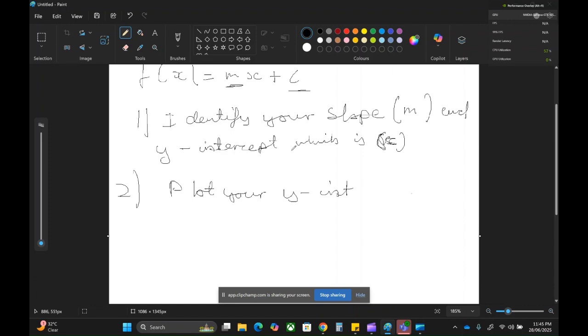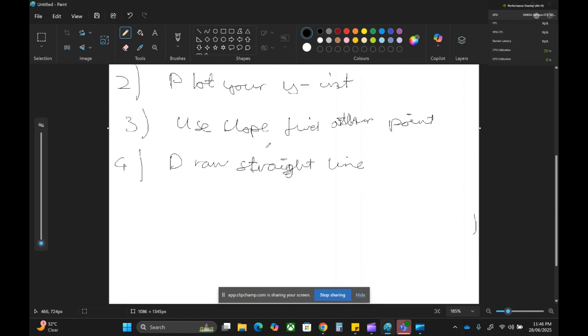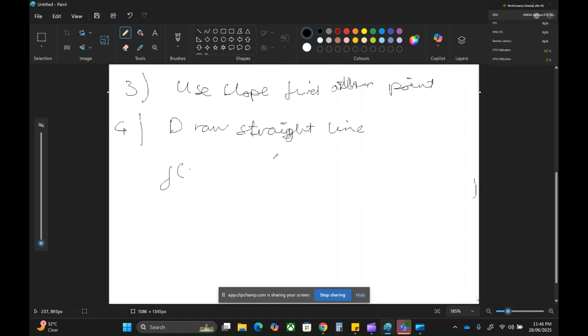This is very basic. Yes, and then use the slope, find other point, and draw a straight line. See, I don't even think I need to go through this if you're doing Maths AHL, but I still am, just in case.